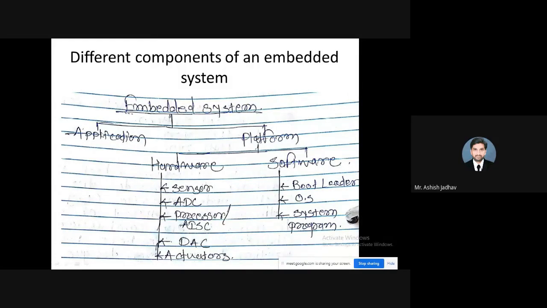Then next one is ADC. ADC will convert it into digitized form. Then the processor will process the data. If it wants to save, if it has a provision of memory, it can save the data. Then DAC will convert it back into analog form, and then actuators. So the hardware, let's say Raspberry Pi, will have these kinds of things.